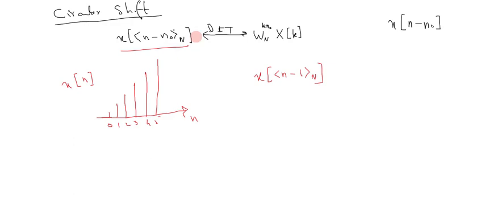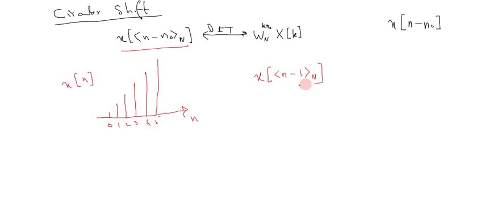If you do the linear delay, then the samples will move towards the right: the sample at 1 moves to 2, and similarly 4 moves towards 5 and 5 moves towards 6.